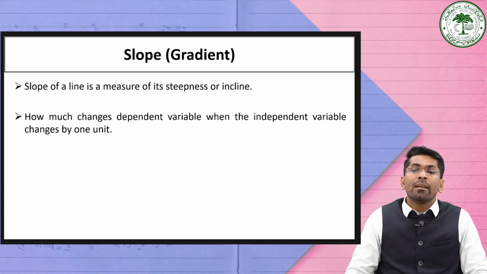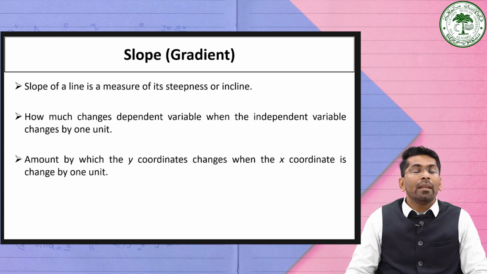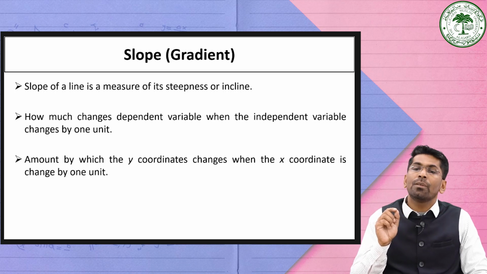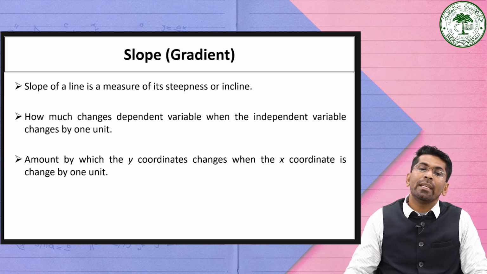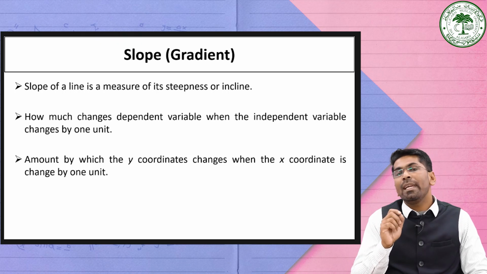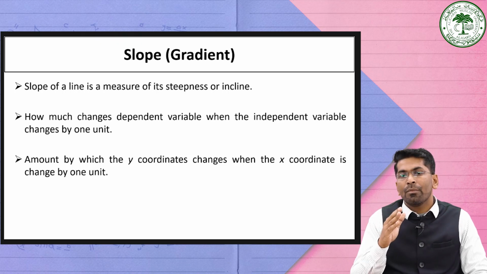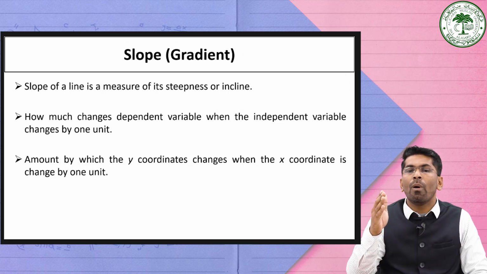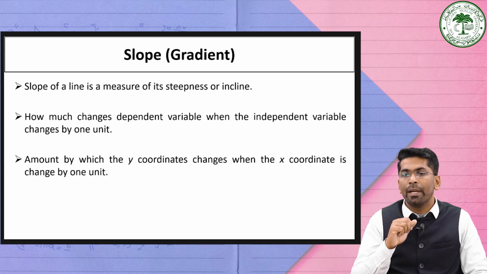Graphically, the slope of the line is the amount by which the y coordinate of a point on the line changes when the x coordinate is increased by 1 unit. That means a vertical variation of the line for a horizontal move of one positive unit.